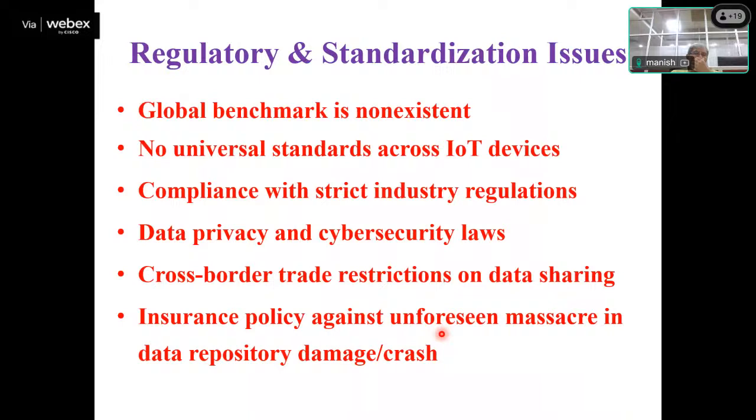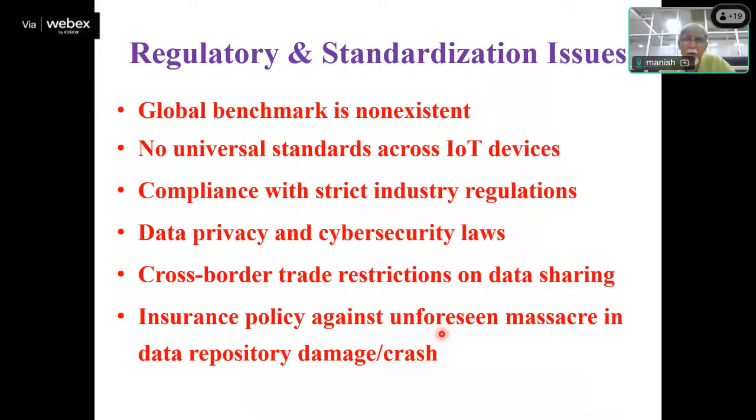And then, no universal standard across IoT devices is there. So anything is now available anywhere. Therefore, if the standardization process is not there, it impacts decision making. It impacts the financial decision making.